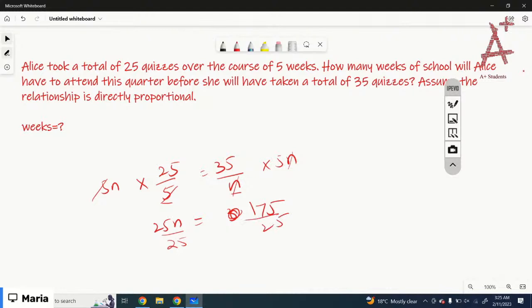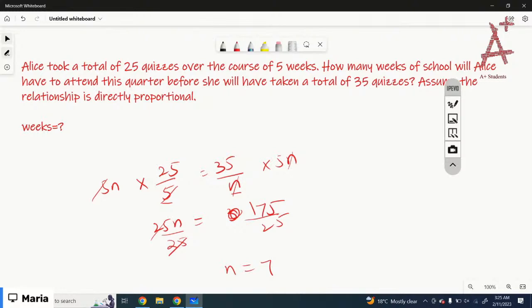So it would be 175 divided by 25. Yes, it is 7. Got it? That means if she has 35 quizzes, n equals 7.